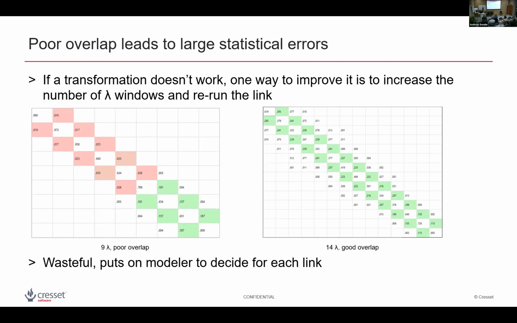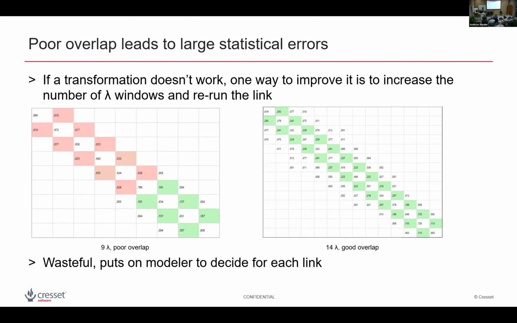On the left, you see that with 9 lambda windows, we have quite poor overlap. However, if we do the same thing with 14 lambda windows, we have a very good overlap. However, the problem here is that we cannot insert lambda windows in the first simulation. We need to discard the first simulation and rerun the link.